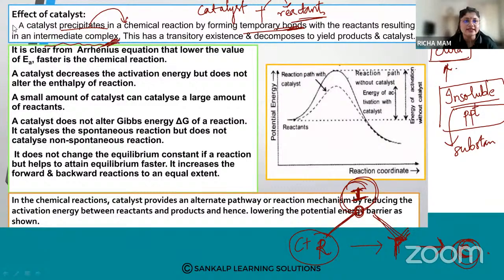It is clear from the Arrhenius equation that the lower the value of Ea, the faster is the chemical reaction.